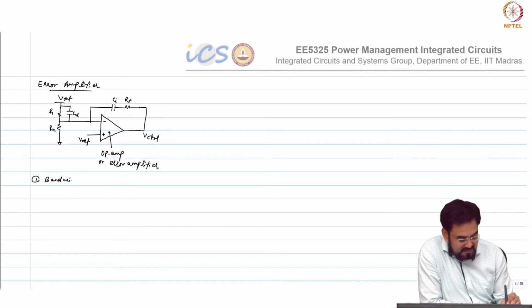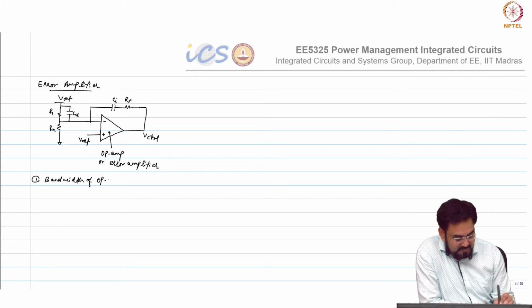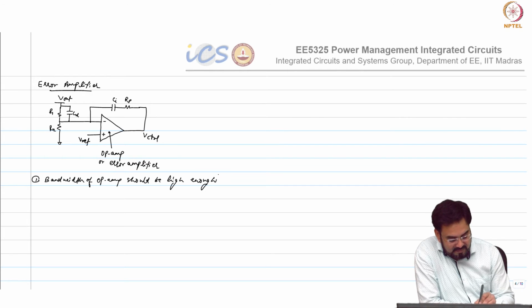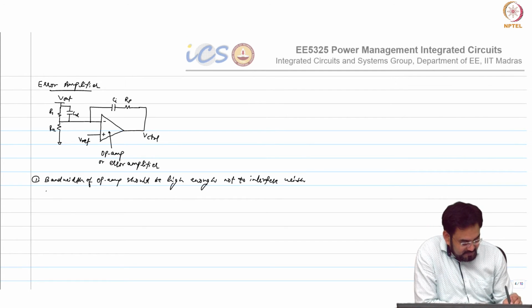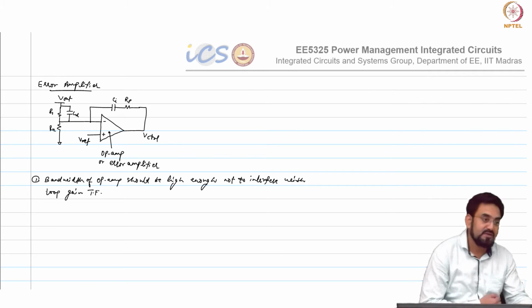bandwidth of the op amp should be high enough not to interfere with the loop gain transfer function. Okay.